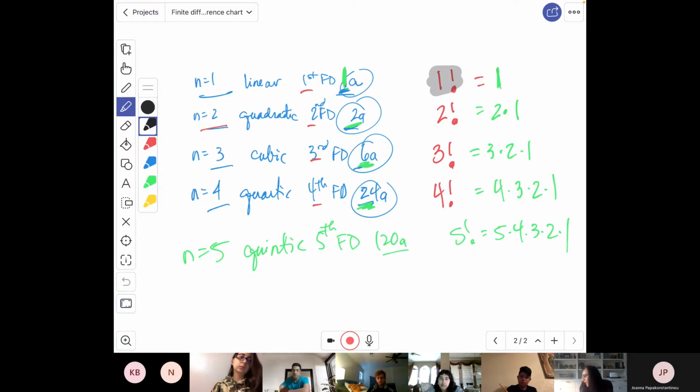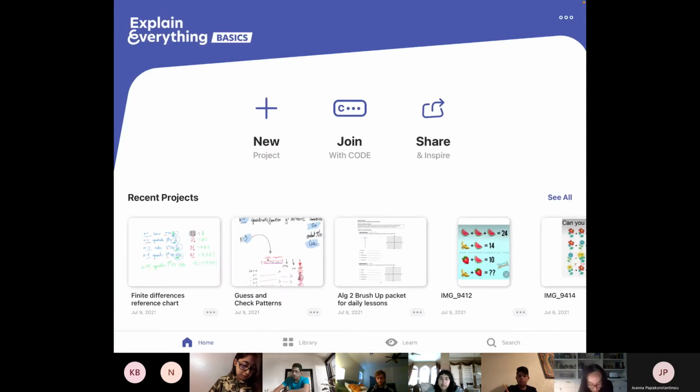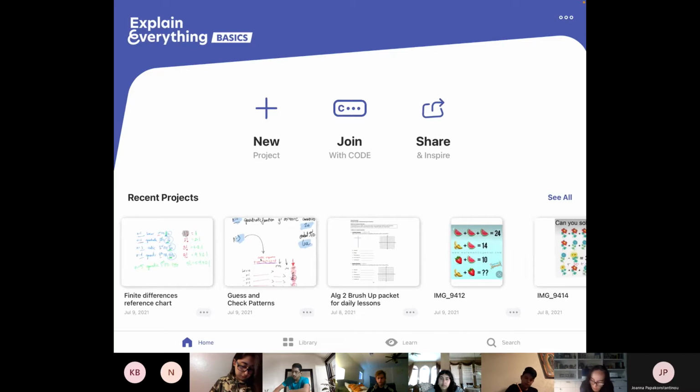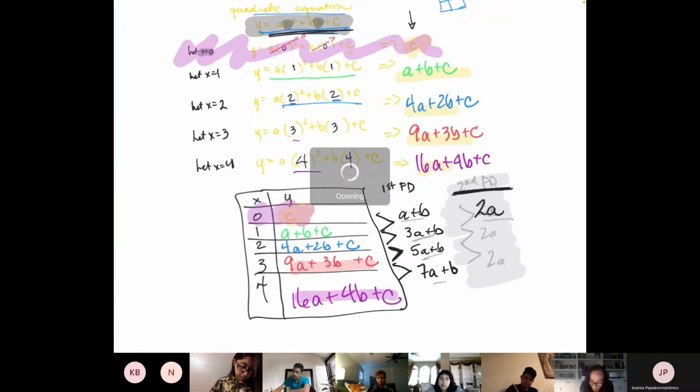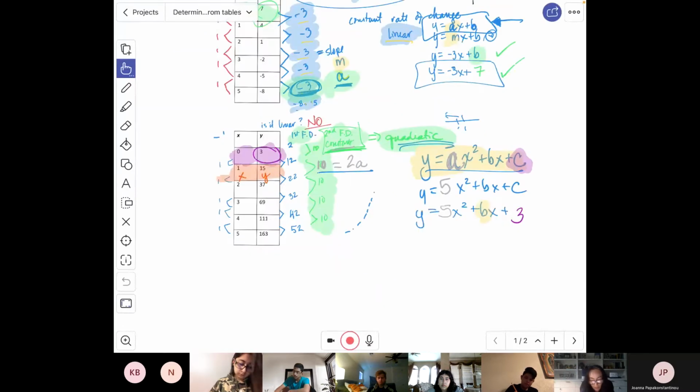So we've talked about factorial. What I would like to do, because some people have expressed their discomfort with graphing, is go back and graph some linear functions.